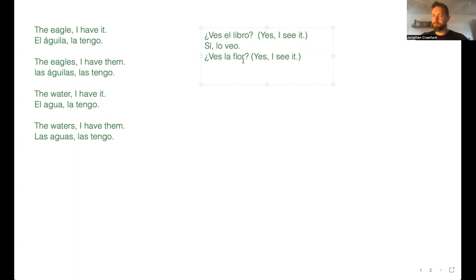La flor is a flower. Do we say lo or la? Flor is feminine. So we say la. Sí. La veo. Yes, I see it.